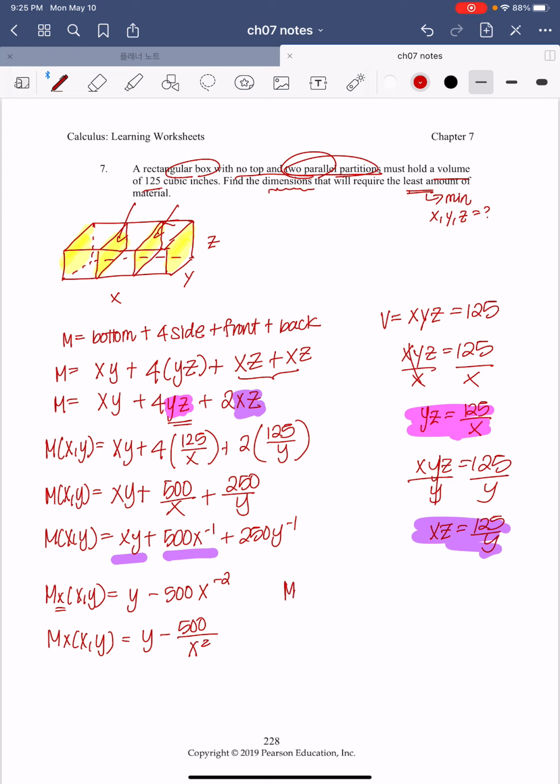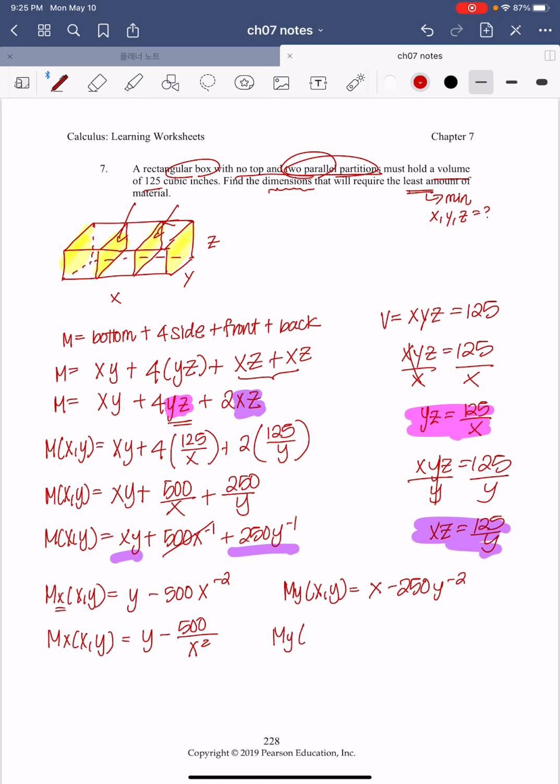Now, taking the first-order partial derivative with respect to Y, I'm going to have the Y term and this last term. First term, Y is the variable and X is the constant, so X. The second term disappears. The last term is minus 250 Y to the negative 2.